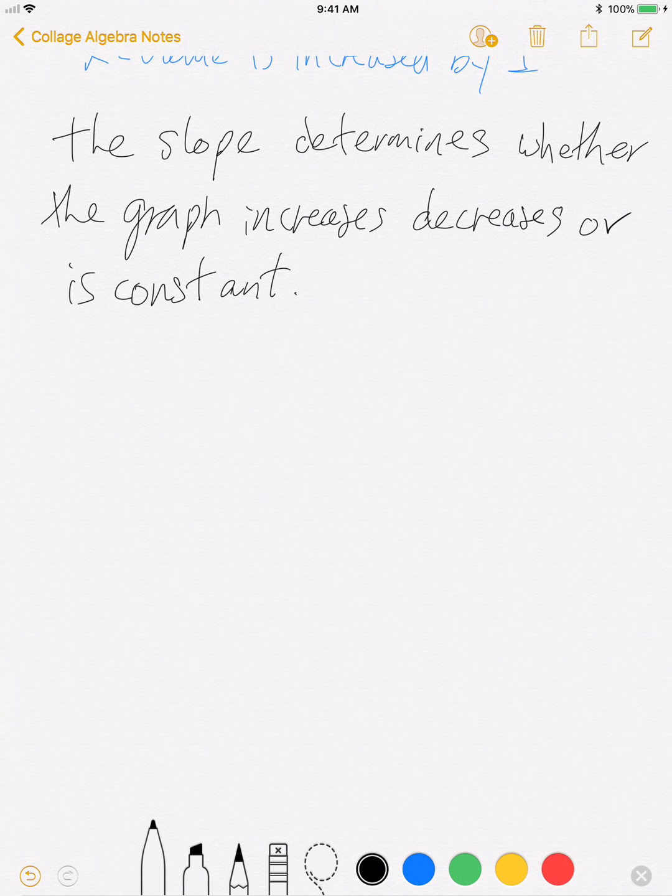Also, when we have a vertical graph, the slope also has a role there as well. Quite simply, if the slope is positive, it means the y values are getting larger. If the y values are getting larger, then the graph must be growing. If the slope is negative, that means the y values are getting smaller, which means the graph must be decreasing.